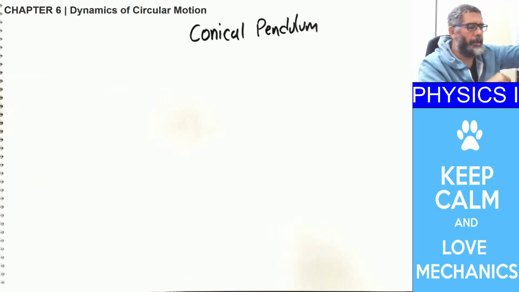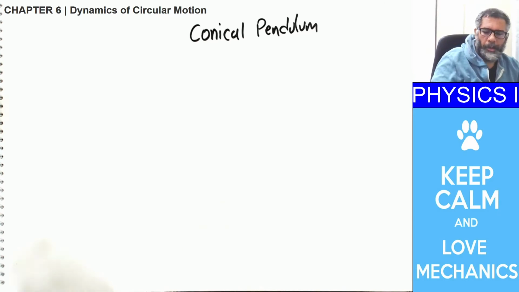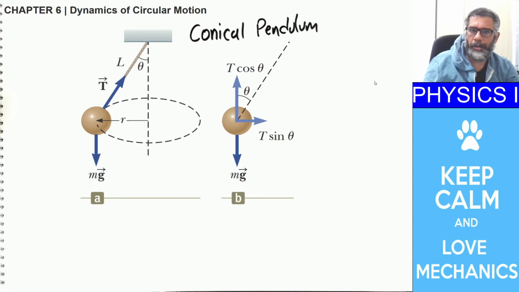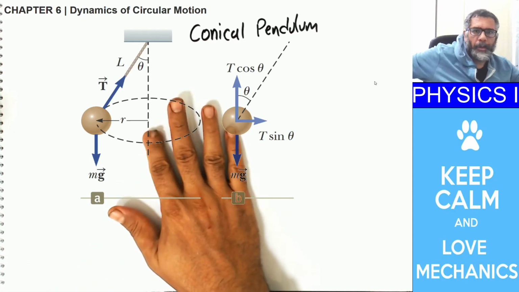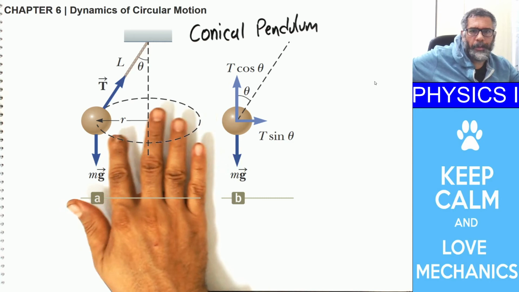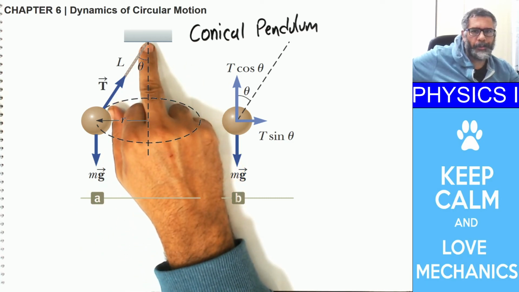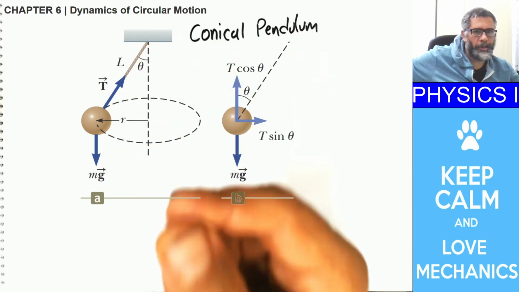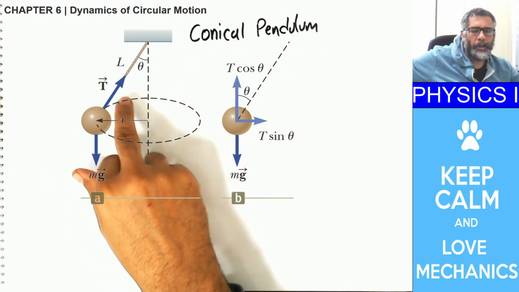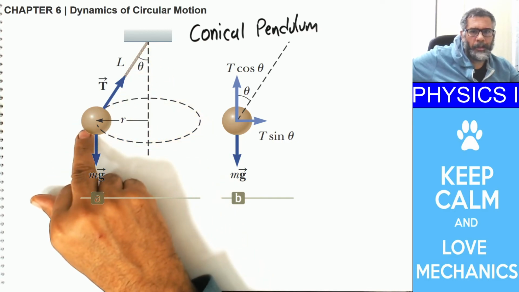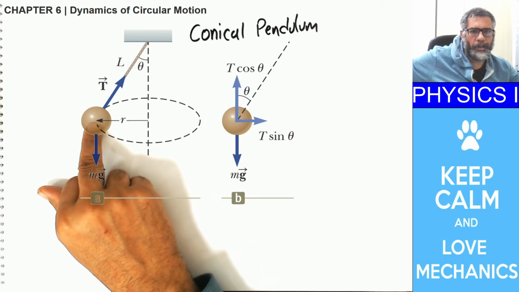So this is called the conical pendulum, and let me just give you the sketch of it. Alright, so this is the side view. You see one end of the string is attached to a fixed point. It was my hand, I was holding it, and on this picture this is the fixed point of the string, and the other end is attached to this mass.